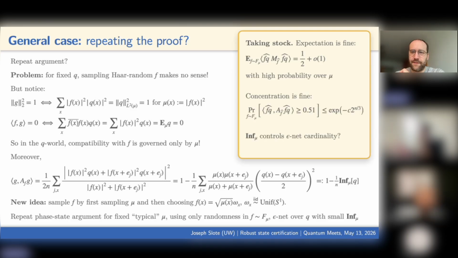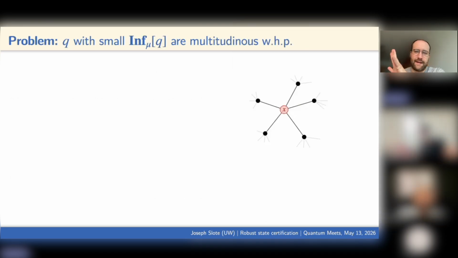In particular, in the cube, when you get this measure mu, you can find bad points where you can hide a large number of different q's. Essentially, you can prove that there are too many functions q of low influence in this general picture.